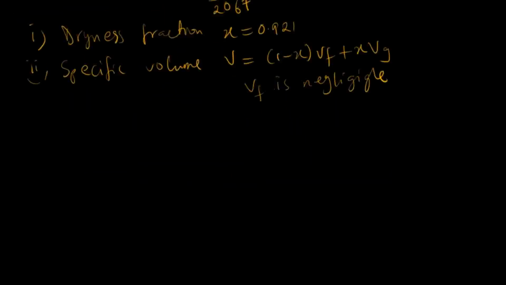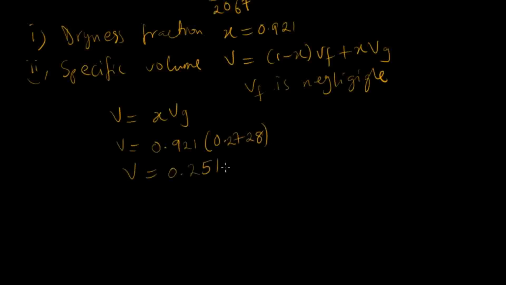So this formula shortens to X Vg. So v now will be equal to, you know what Vg is from the table, Vg is 0.2728. Now that means specific volume now will be equal to 0.2512 meter cube per kilogram. Don't forget your SI unit, very important.